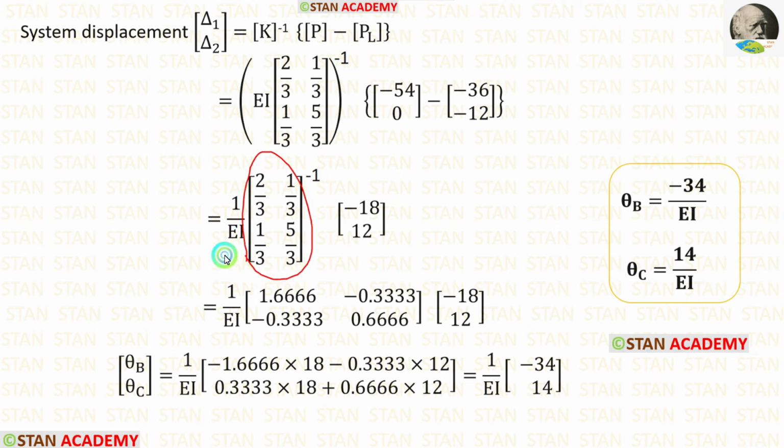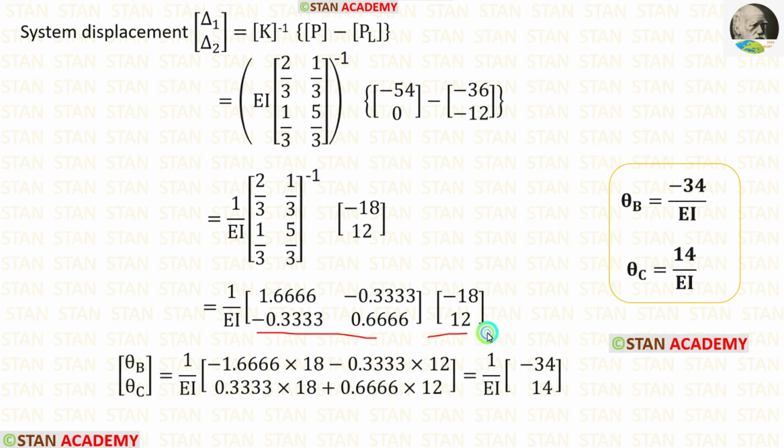For this matrix, we have to find the inverse. We can apply all of the values in the calculator and get the inverse. If you do not know how to find inverse in the calculator, see the description below. There is a link. You can click the link and watch the video. I have used the calculator and found the inverse.